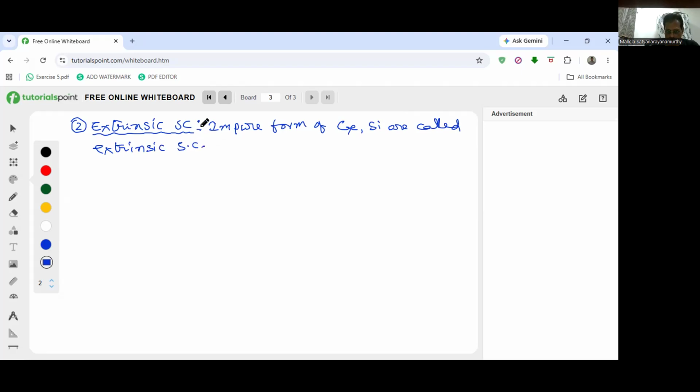So what is the impurity? Impure form. Actually, adding of impurity to a semiconductor is called doping.